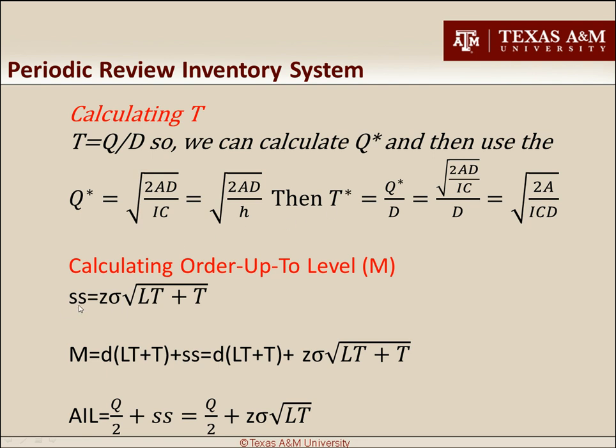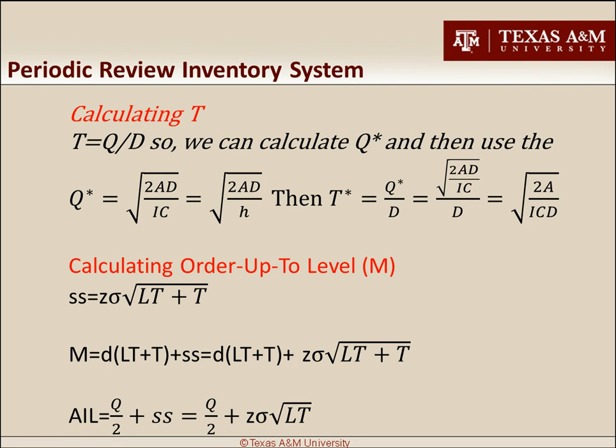The next thing is the safety stock. In the continuous review, we had Z times sigma times the square root of LT. This time, because we also have the review interval, we include that in the calculation, and we would like to make sure that there is enough safety stock to cover us from this review interval to the end of the lead time next time.